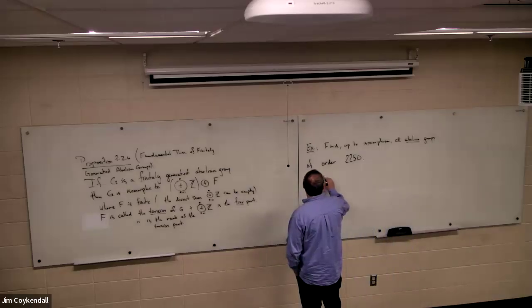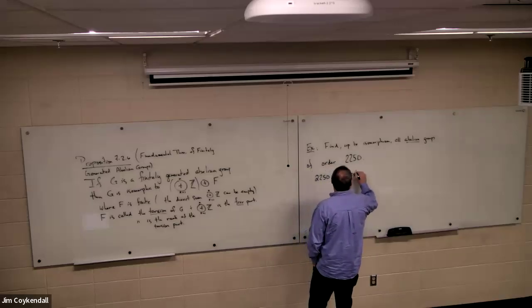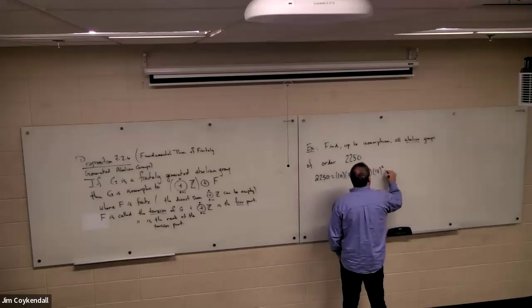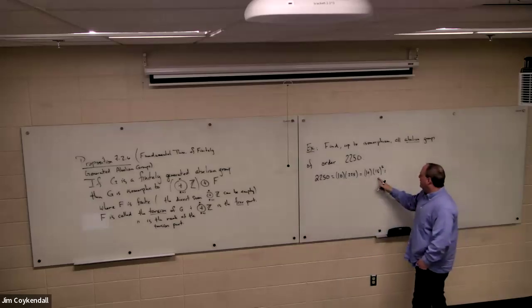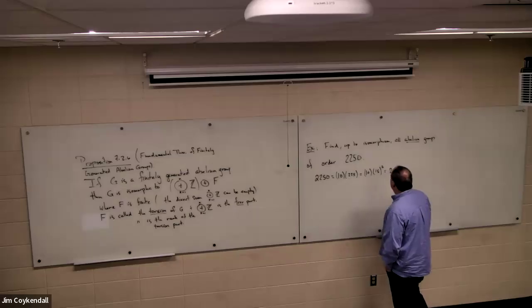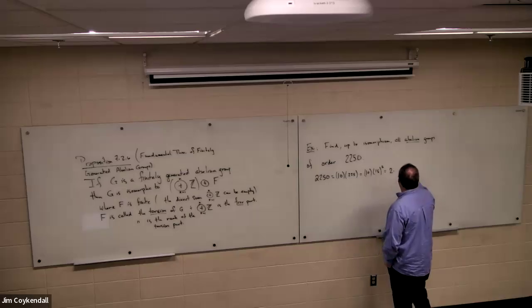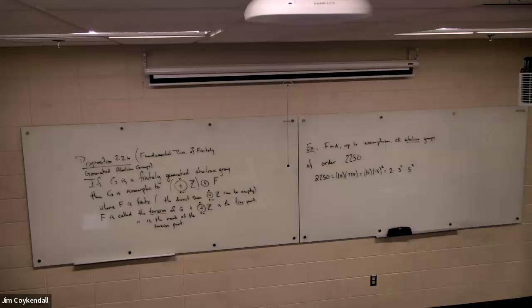So 2250 is 10 times 225, which is 10 times 15 squared. So it looks like the primes that divide this are 2, 3, and 5, right? There's 1 two, 3 fives, and 2 threes. It's 250 times 9. Yeah, that's right. Everybody okay with that?